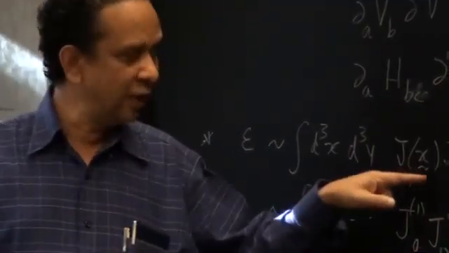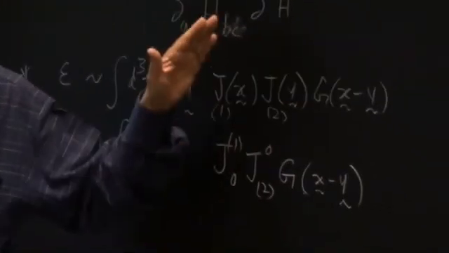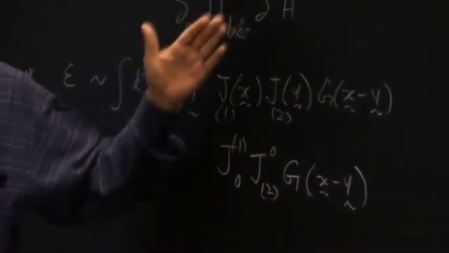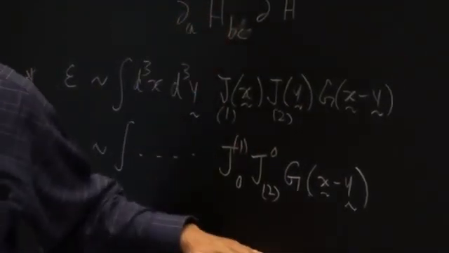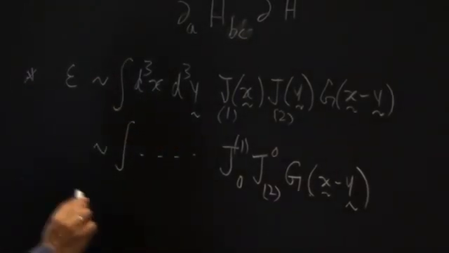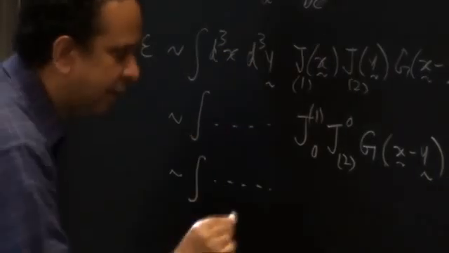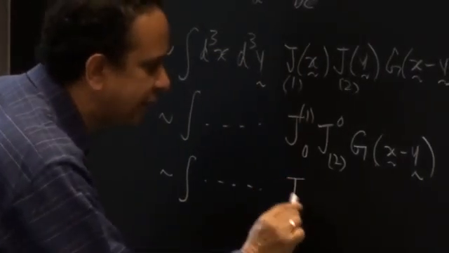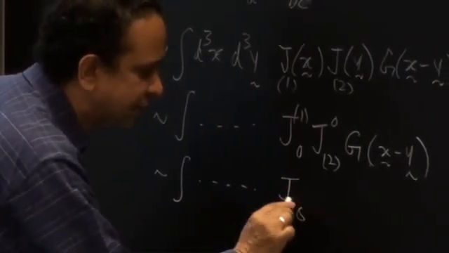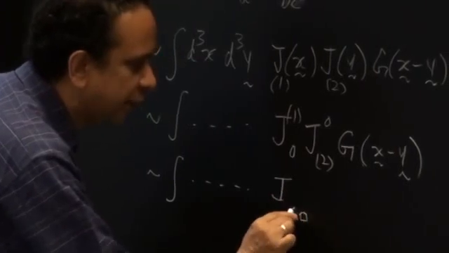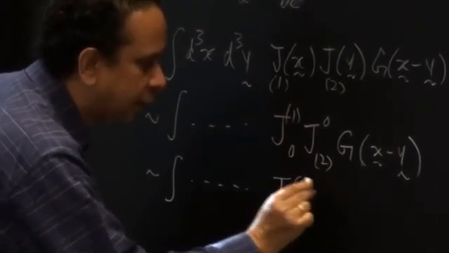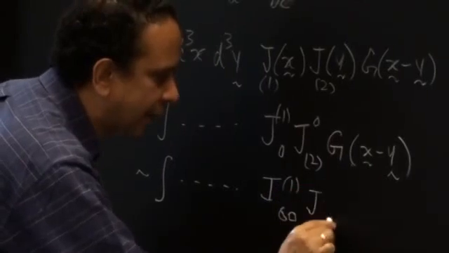Now you have to raise or lower one of them, which you don't have to do here. So with this signature, it is very clear that if everything else is the same, there is an extra minus sign here. When you go to gravity, the same thing will give, it is actually going to be more complicated and we will work it out. But if only T00 or J00, as I am indicating here, some kind of a source like this is non-zero, you will have a structure like this.